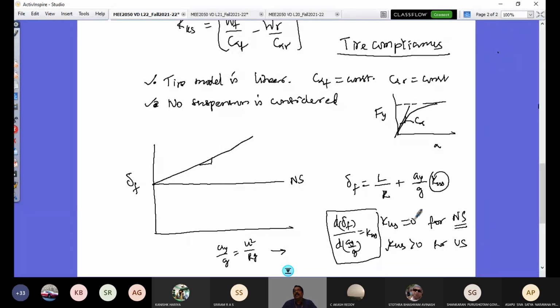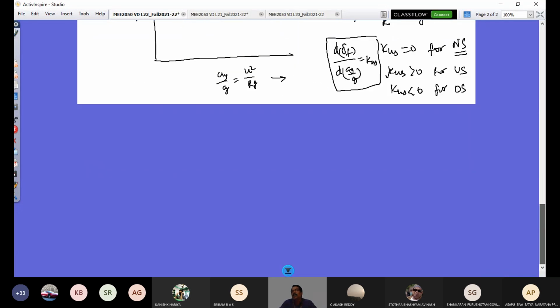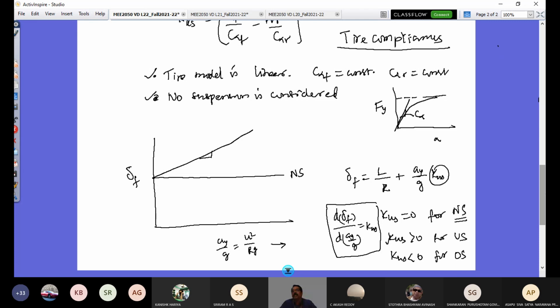On the other hand, if my KUS is negative, less than 0, for a vehicle which is designed for an oversteer tendency, for example, race cars are designed for oversteer tendency in order to negotiate sharp turns and quick steering action, counter steer action that you could witness. You see that you would have the values negative. So that would go here like this.